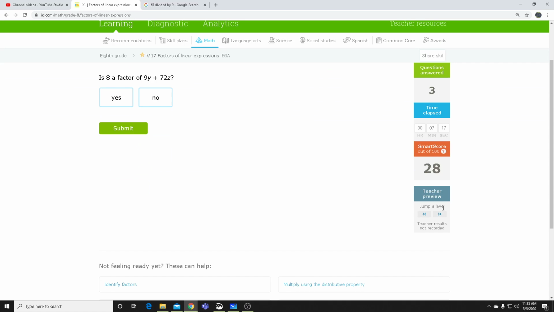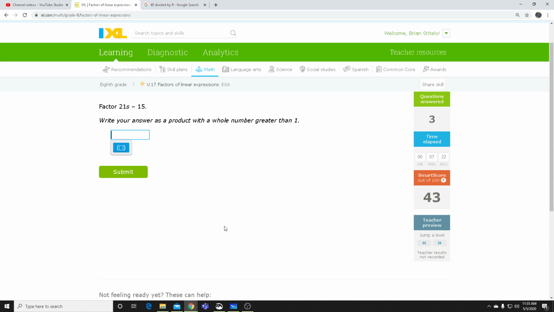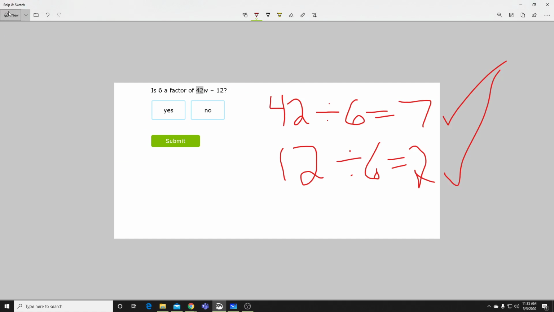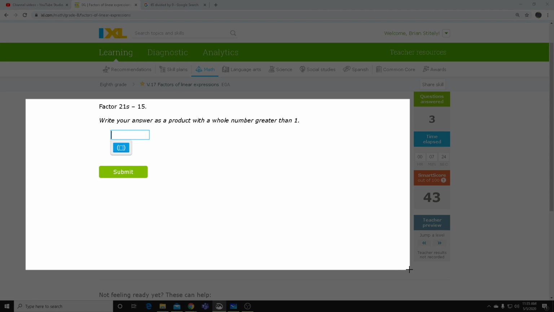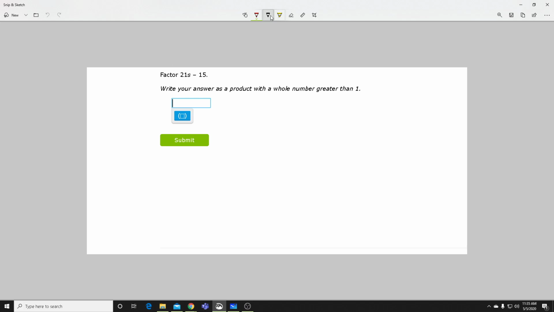Alright, let's skip ahead. Okay, so now this is when these get a little bit harder. Remember, I said we're doing the distributive property in reverse when we're doing these. So we're going to do the same technique where we need to find factors of each of these numbers, but now we need to find something called the greatest common factor of these two coefficients.